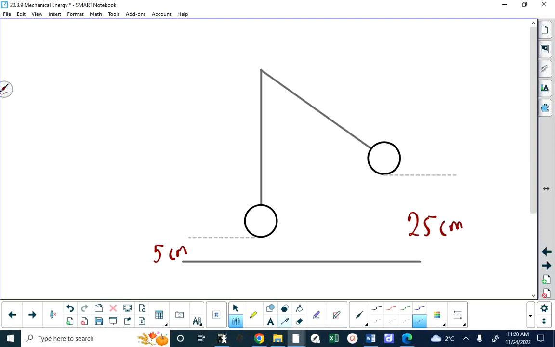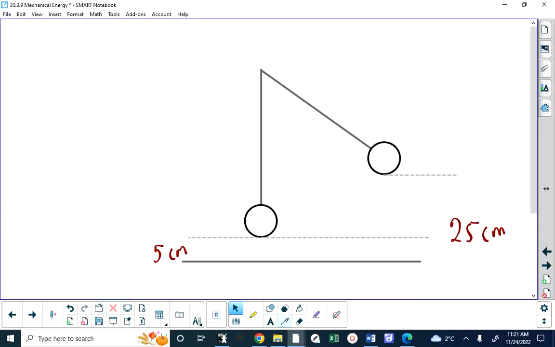If we decided to use the lowest point as the reference point, then this distance would be 0.2 meters.